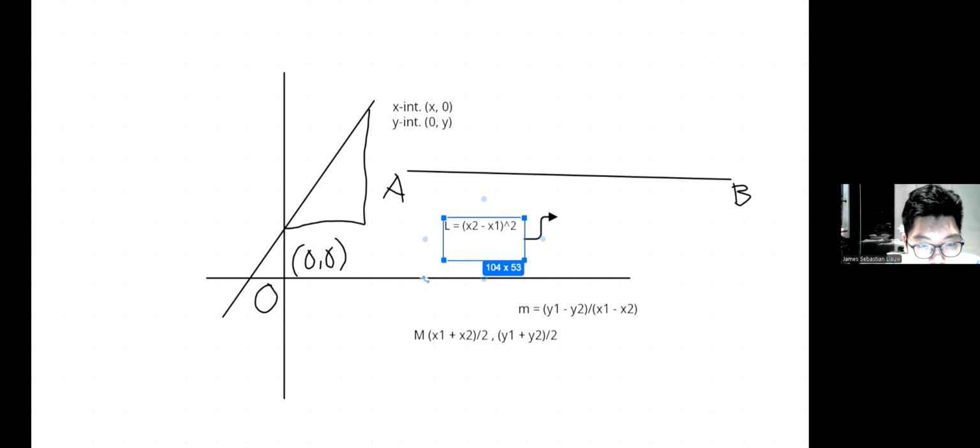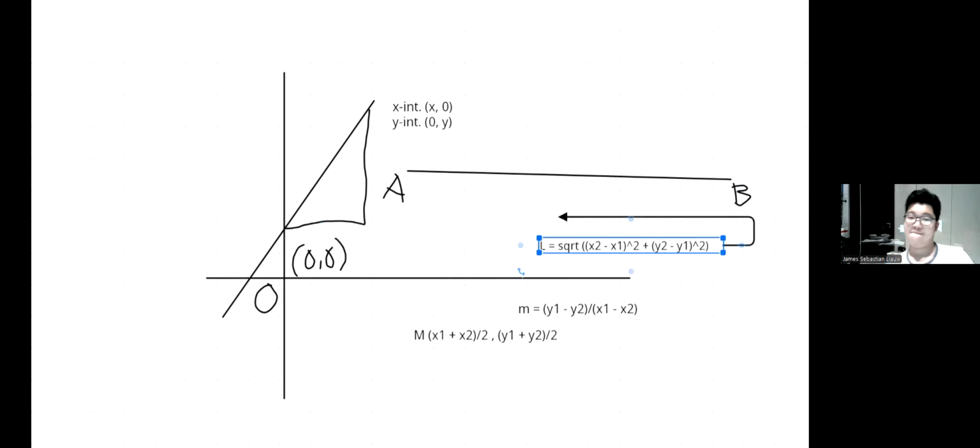And basically the whole idea behind this lies in the neat trick that actually the distance between 2 points on a line on Cartesian coordinates is basically just how much x you traveled, how much y you've traveled.